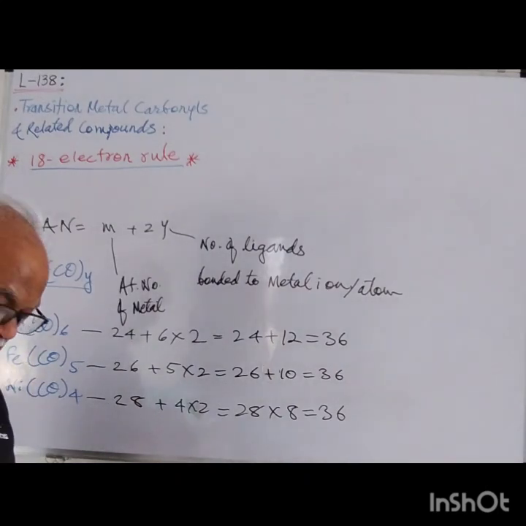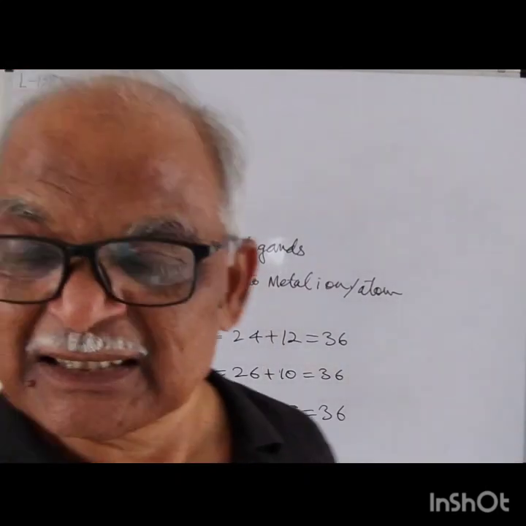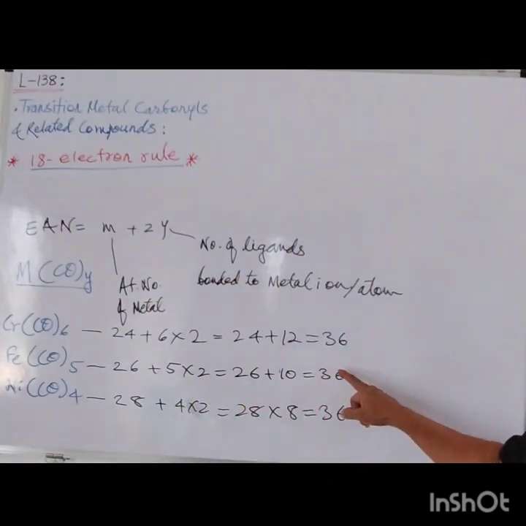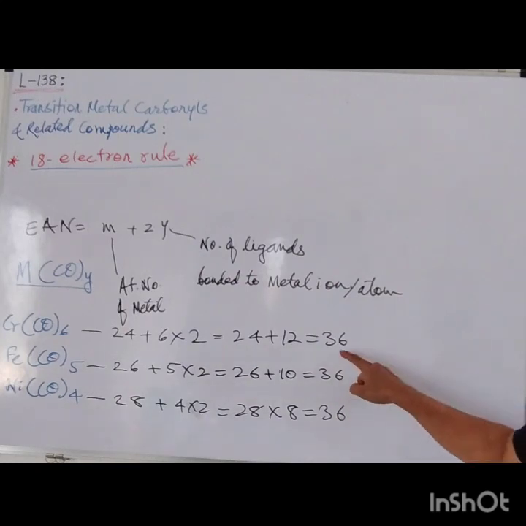So you find that the formation of all these complexes results in attaining the next inert gas configuration, that of krypton with atomic number 36.